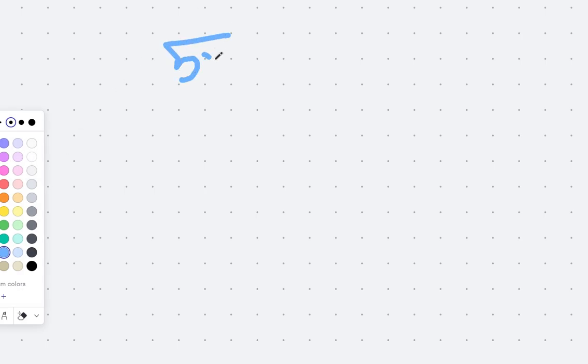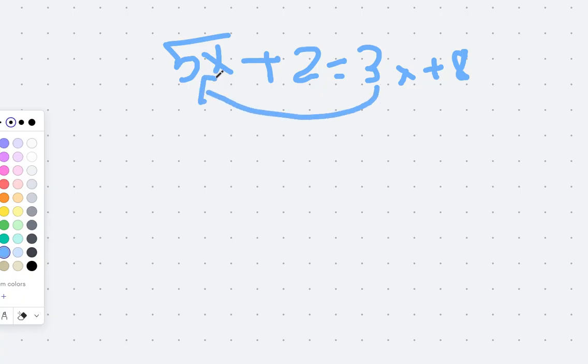So you go to 5x plus 2 is equal to 3x plus 7. Oh, let's do 3x plus 8. So we're going to take the 3 here. It'll become minus 3 now. So it'll be minus 3x. And we're going to take the 2 here. It'll become minus 2.